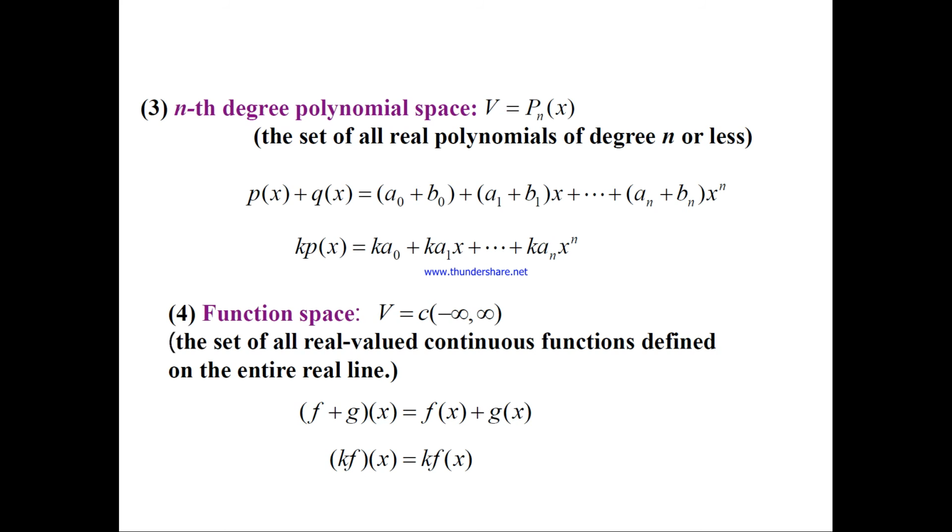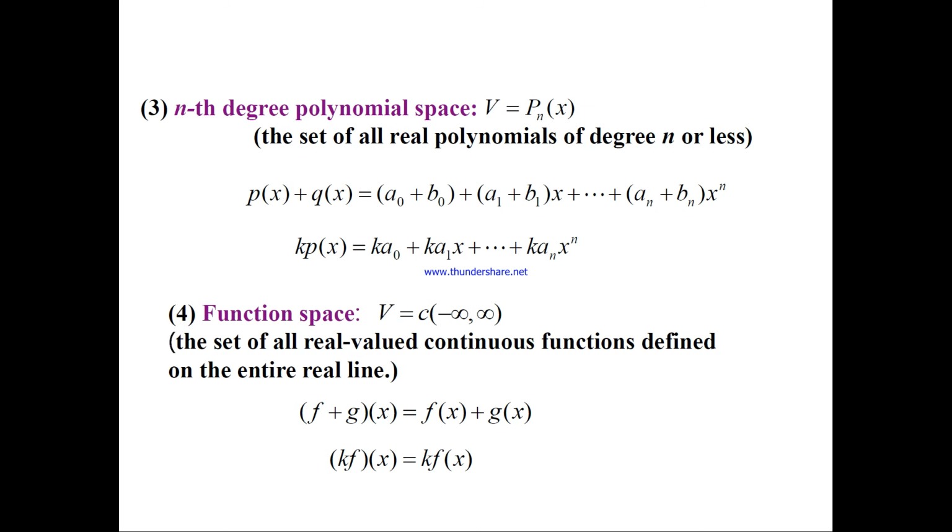Similarly, (kf) of x should be equal to k times f of x. If these two conditions are satisfied, then we say that functions can also be considered a vector space.